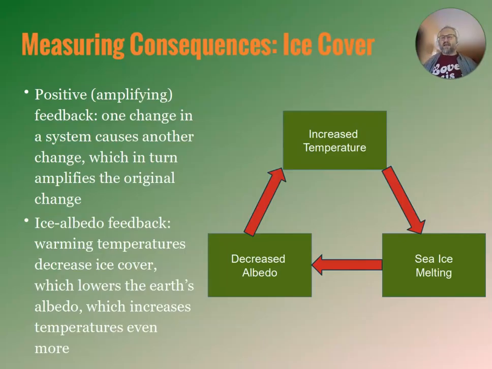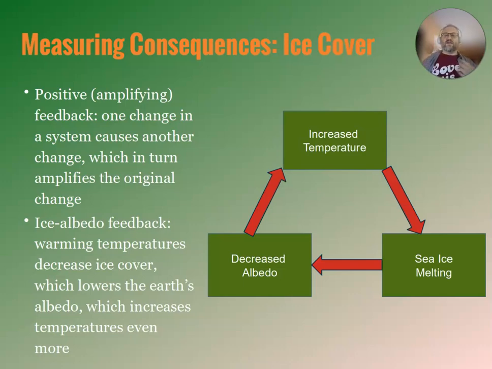So each step of this feeds into the next one and increases the overall effect. So the ice albedo feedback is a positive or amplifying feedback, where increased temperatures lead to changes in albedo that make temperatures increase even more. So in order to stop this feedback, you would either need to introduce some countervailing force, right?